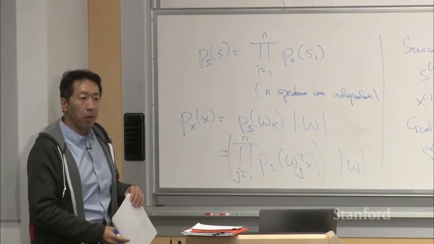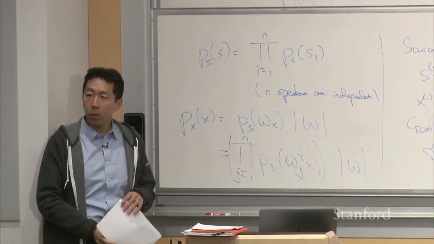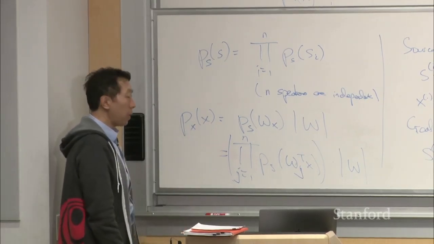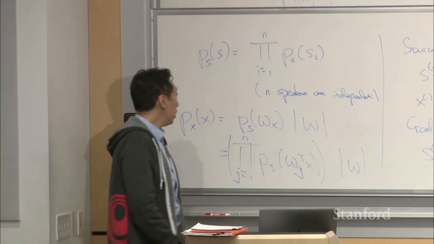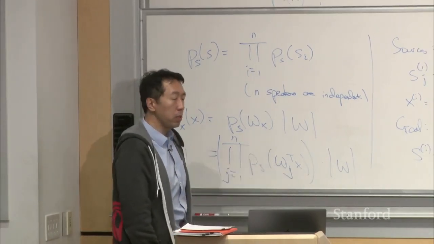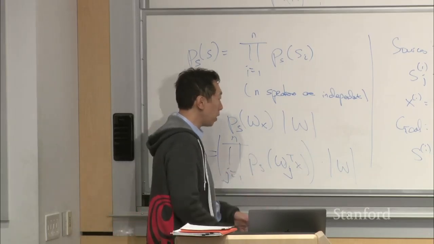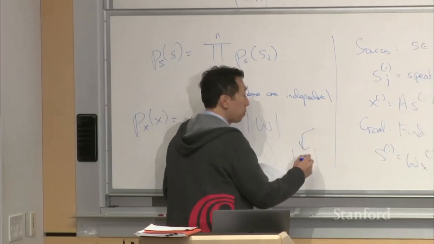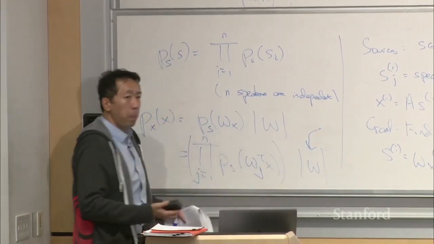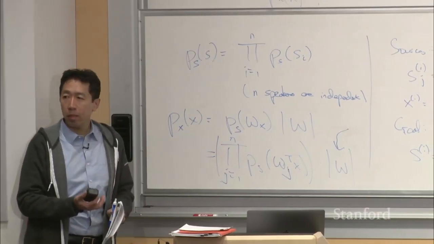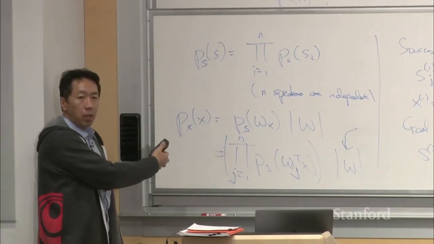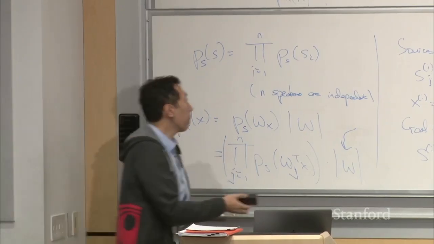And so this shows the density of X expressed as a function of P of S, which we've fixed as the derivative of the sigmoid, and as a function of the parameter W. So this is a model that, given a setting of the parameter W, which is a square matrix, allows us to write down the density of X.